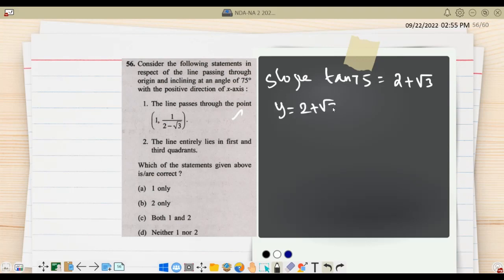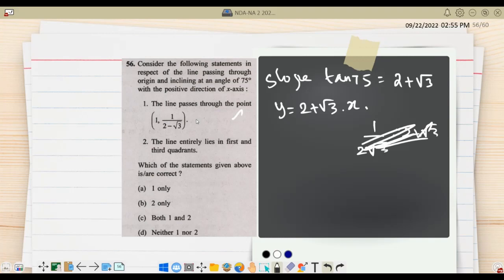So y equal to 2 plus root 3 x. When we apply the value of x and the value of y, 1 by 2 minus root 3 will be equal to 2 plus root 3. Taking the conjugate, you will get this value.